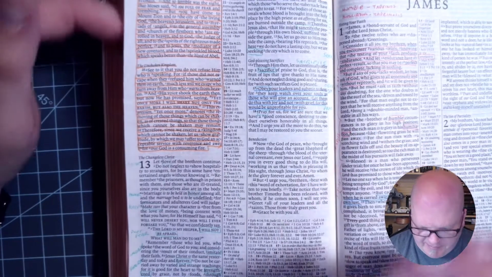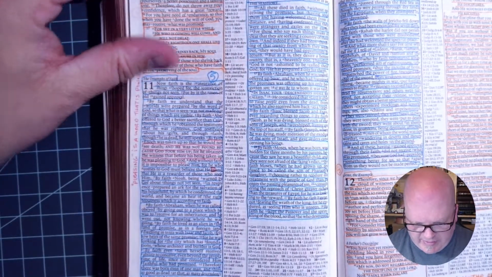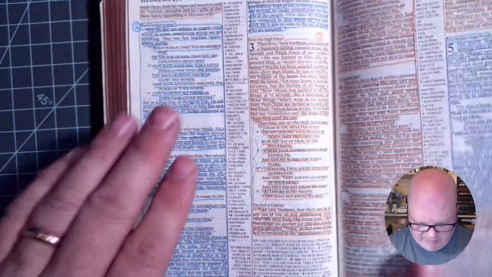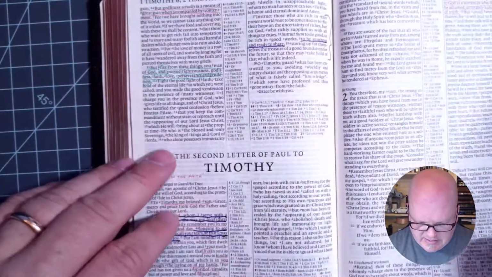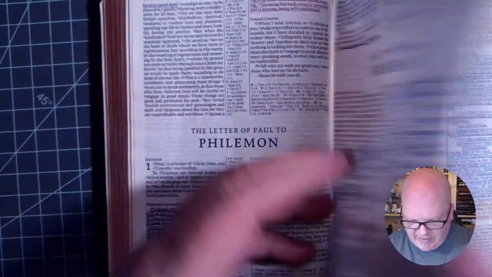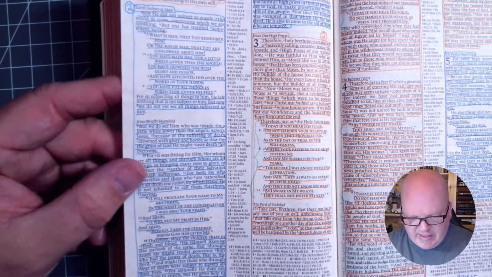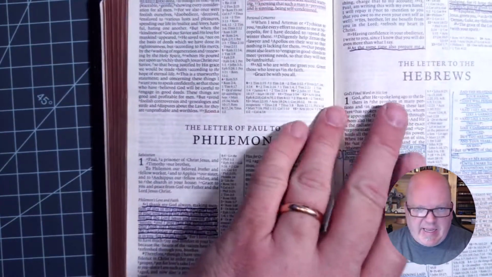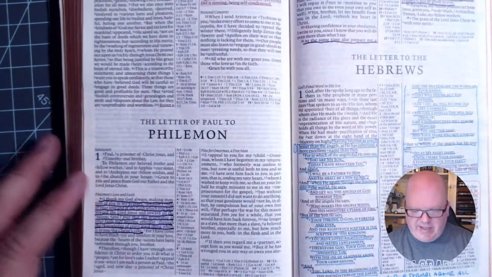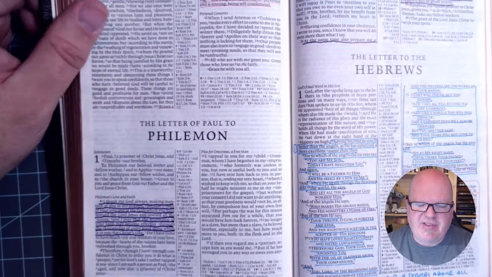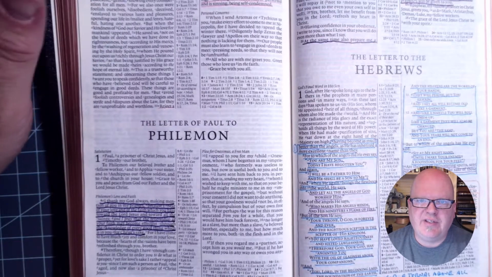I tend to believe that Paul wrote Hebrews. I think he was one who was qualified to write the book of Hebrews. I love the book of Hebrews. It's kind of the theology book of the Bible.